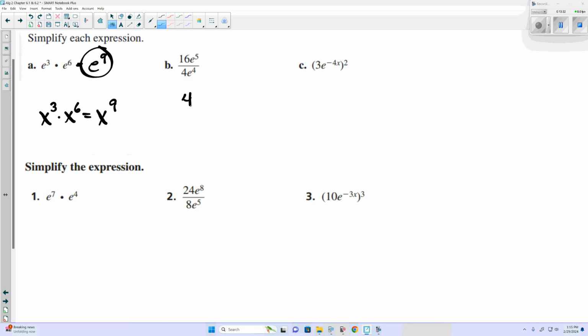When we divide like bases, we subtract the exponents, yes? 5 minus 4 is 1. And since it's bigger on top, it stays on top. If it had been e to the fifth on bottom and e to the fourth on top, then it would stay on bottom.